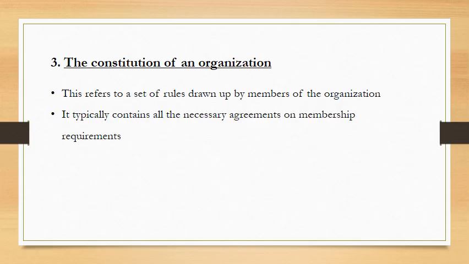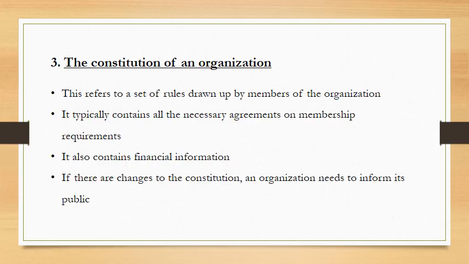It typically contains all the necessary agreements on the requirements to be a member. It will contain financial information, and if there are any changes to this constitution, you can't just go change it. You're going to have to tell your public. In a later lesson, we are going to look at the Constitution in more detail, but just for now, you need to know that it's one of the 4 sets of rules that govern any meeting.